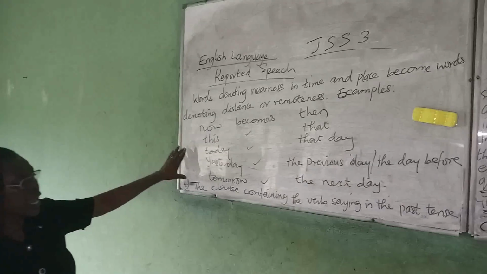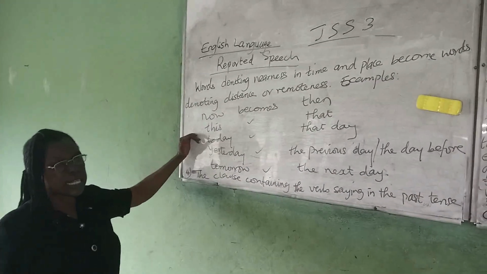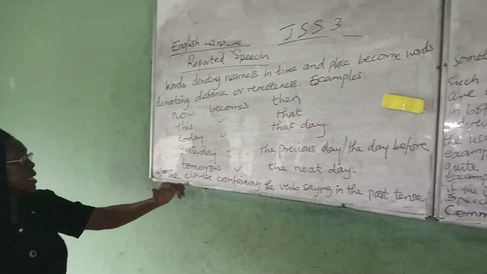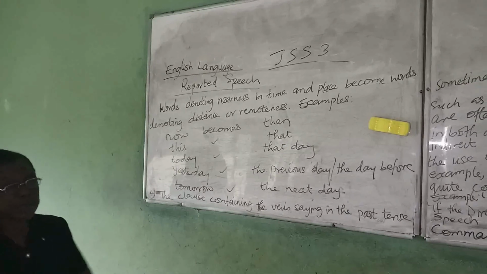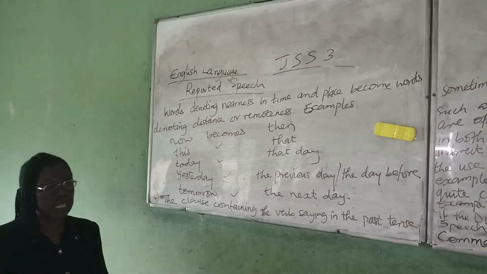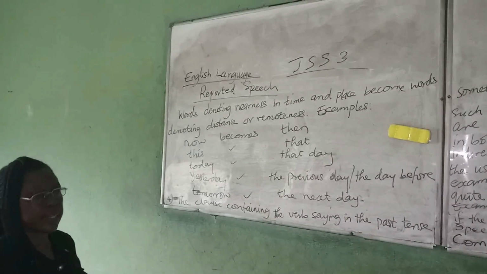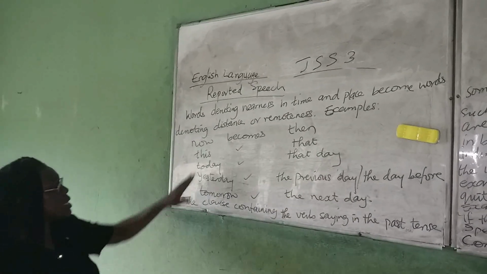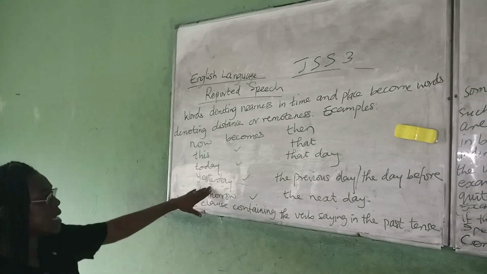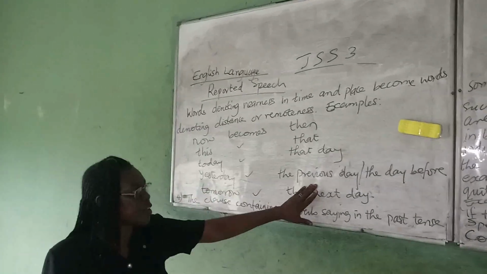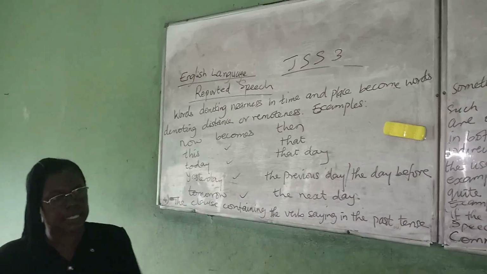If I have the expression, the teacher said, he is coming now, and I'm reporting it after some time to another person, I will say, the teacher said that she was coming then. In the same way, this becomes that, today changes to that day, yesterday to the previous day or the day before, and tomorrow becomes the next day.